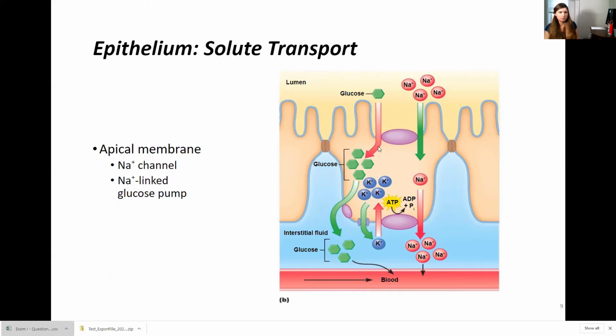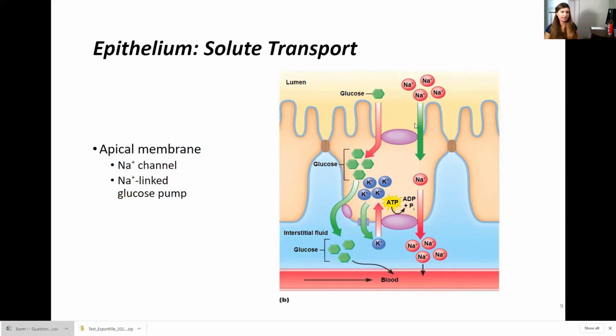Okay, but we want to get all the glucose from our food. We don't want to just get glucose into the cells when there's a super high concentration of glucose in the lumen. You don't want to just get cellular energy if you've just eaten a donut or something. We want to get it all the time.